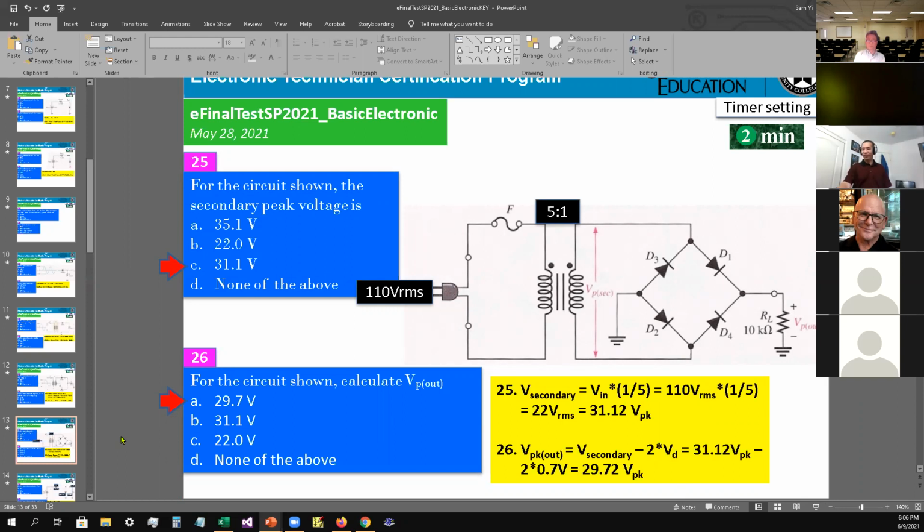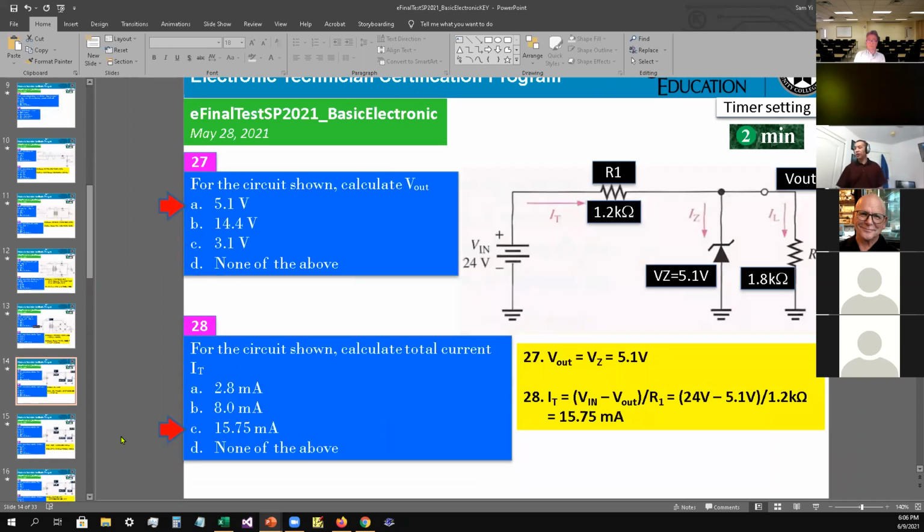Okay, next one. Number 27, for the circuit showing, calculate V out. We're doing the same thing as this one here. We just look at the two resistors first and then figure out what the voltage would be between the two resistors.